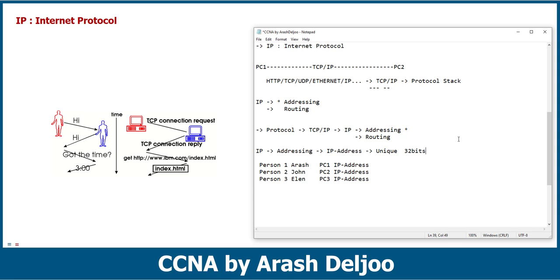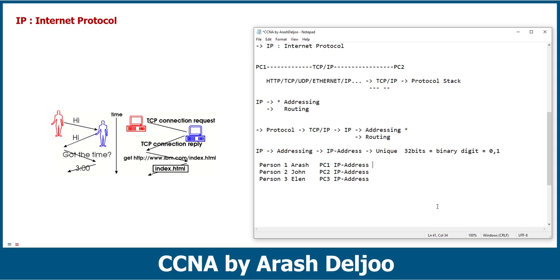This means that each PC should have a 32-bit address. 32 bits means 32 binary digits. You know that binary digits means 0 or 1. This means that each and every PC or any other host in the network should have one 32-bit IP address. Let me write one of them here.